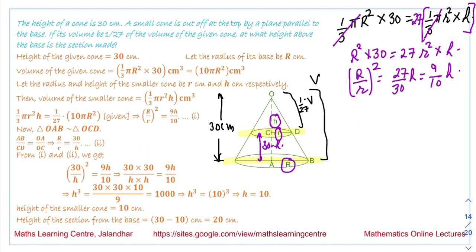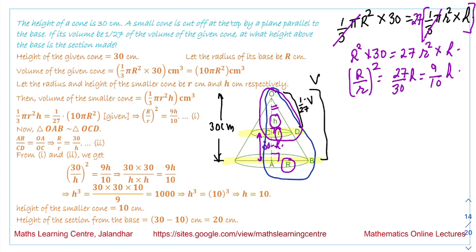Now if we look at the triangle OAB, this larger triangle OAB, and the triangle OCD, both these triangles are similar to each other because this angle over here is 90 degrees, and this angle at O is common. So by the angle angle criteria, both these triangles are similar to each other.